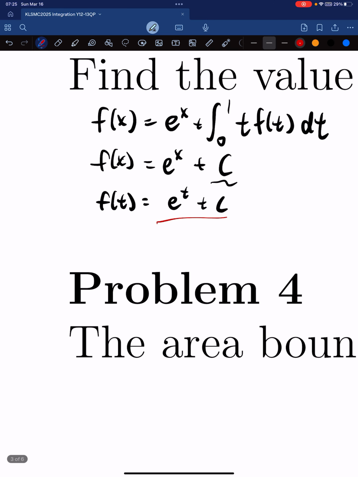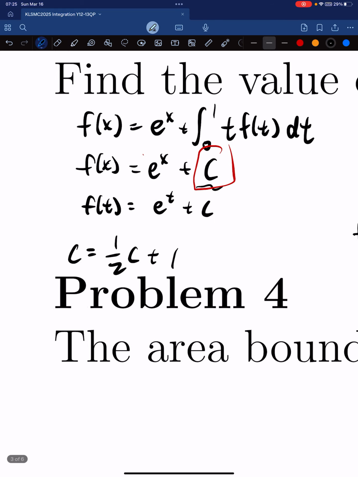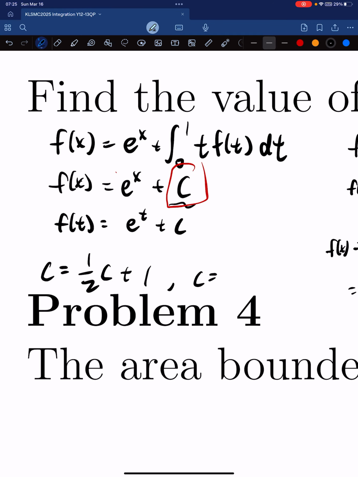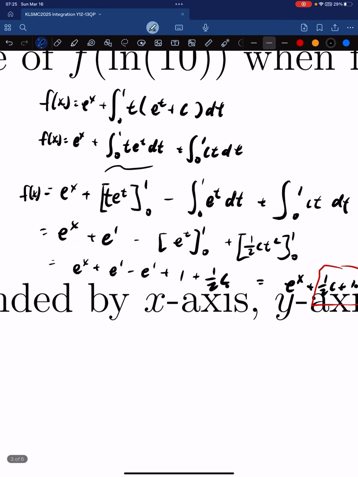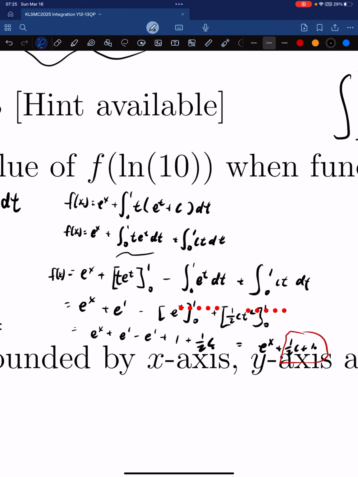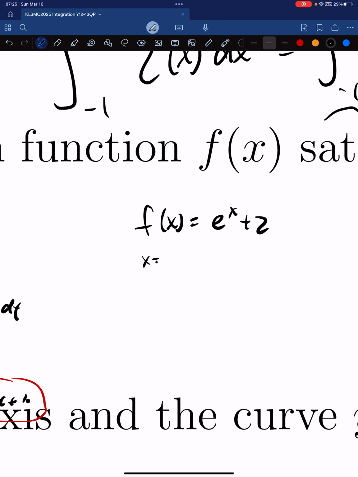We're given the condition c equals half c plus 1. Rearranging this will give us c equals 2. So our function is therefore f of x equals e to the power of x plus 2. Now let's substitute x equals ln 10. So f of ln 10 is just 10 plus 2, which is 12. So we got our final answer, 12.